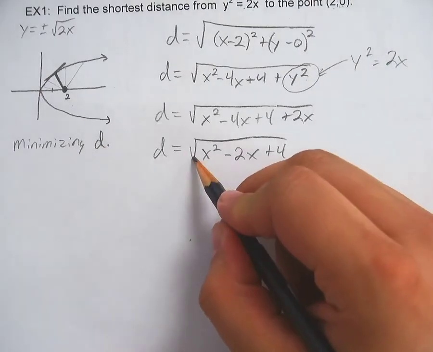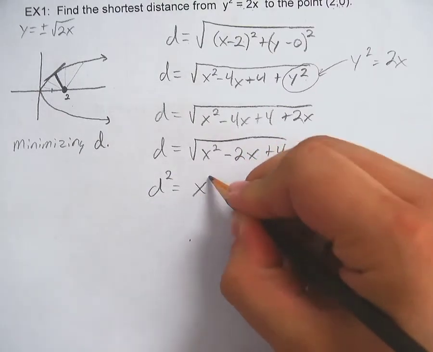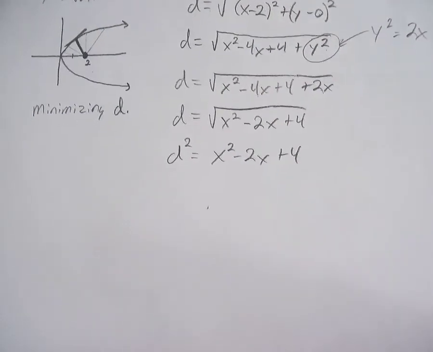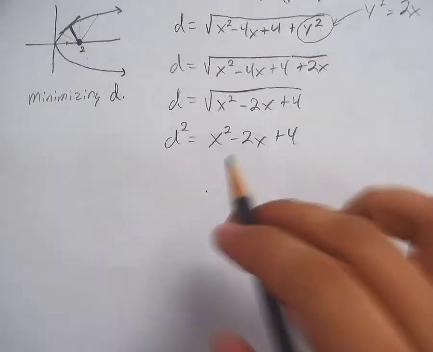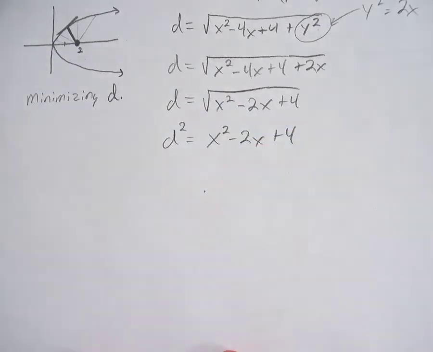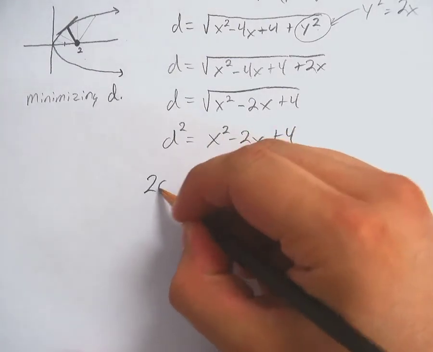What if I squared both sides? And I got x squared minus 2x plus 4. And now I take the derivative. So what I end up with here is 2d prime.